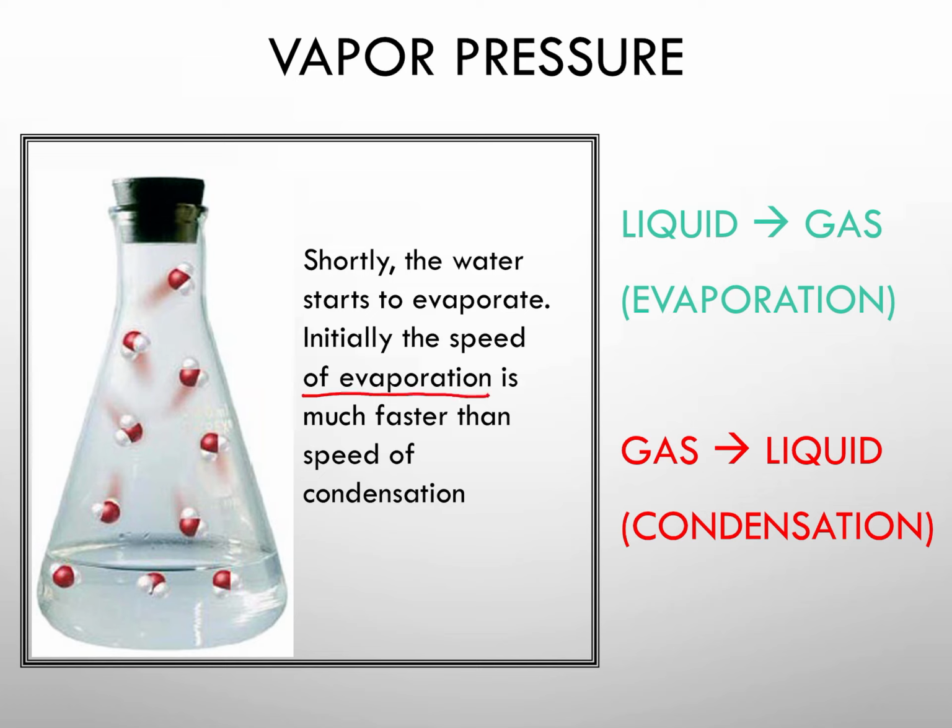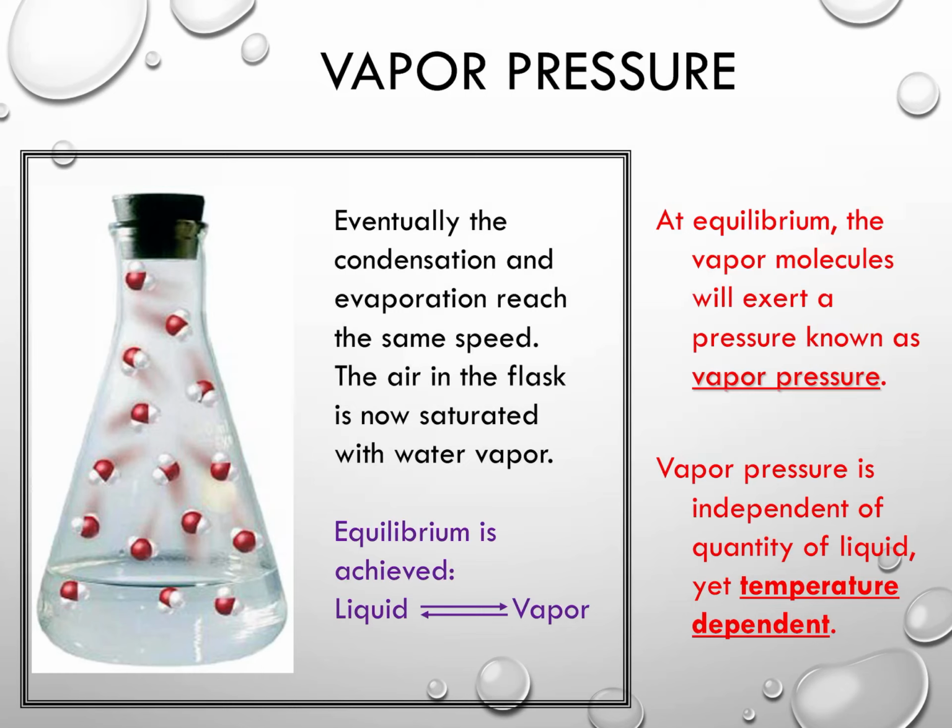Some of these gas molecules, again, average kinetic energy, will have less than they should and may condense back into our water. But initially, because there's nothing up in the gas phase, our speed of evaporation is much faster than the speed of condensation.